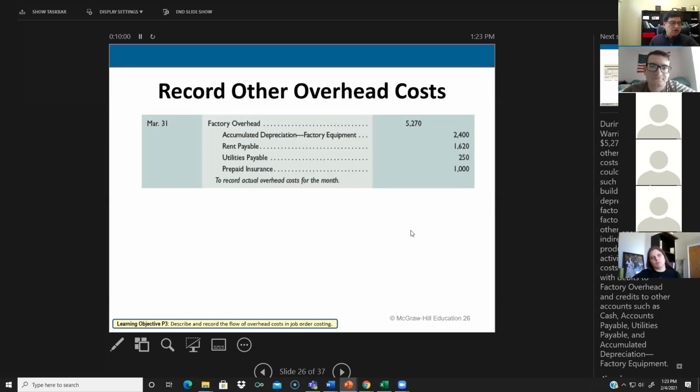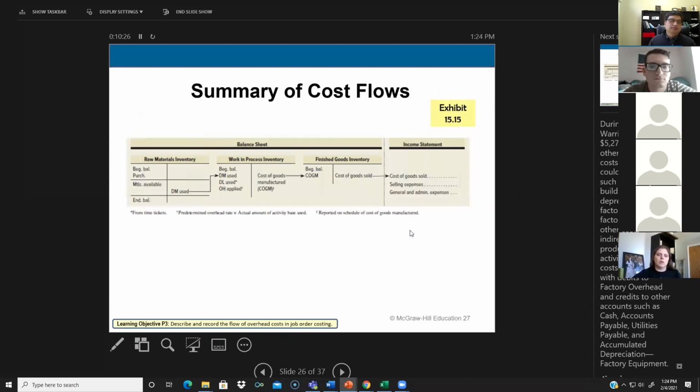So now you will notice that in the overhead account, your actual costs have been accumulated. And then applied. So this is how it would look like.